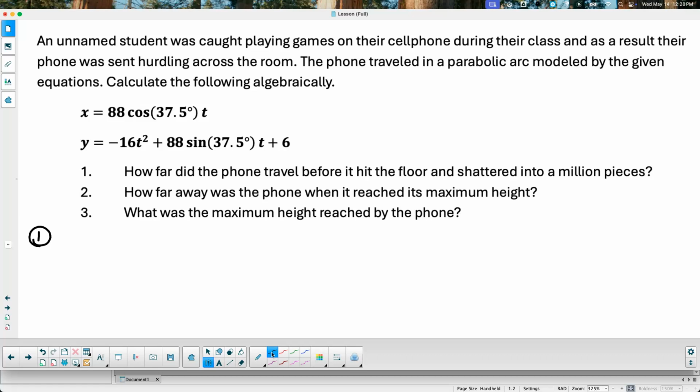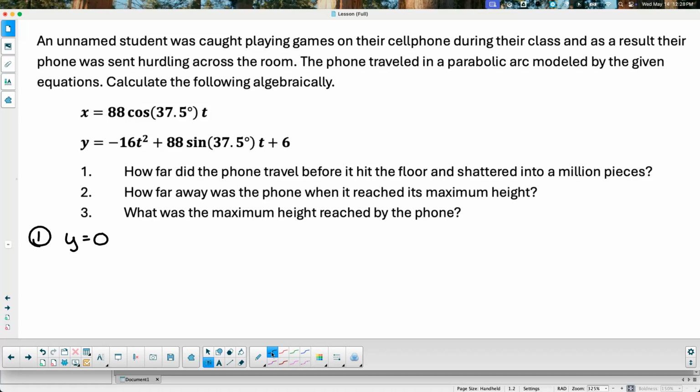What do I know about the phone hitting the floor? That the height is 0. So which one is my height function, x or y? y is the height function. So I need to set y equal to 0 and solve for t.